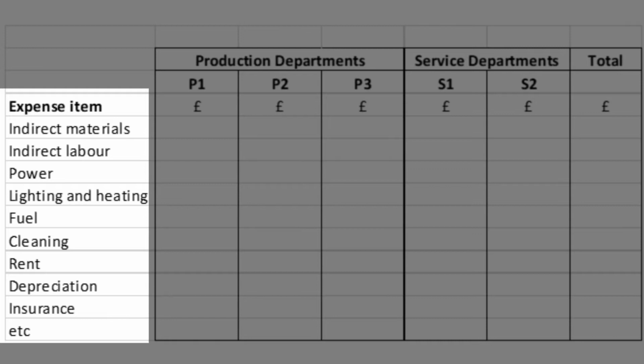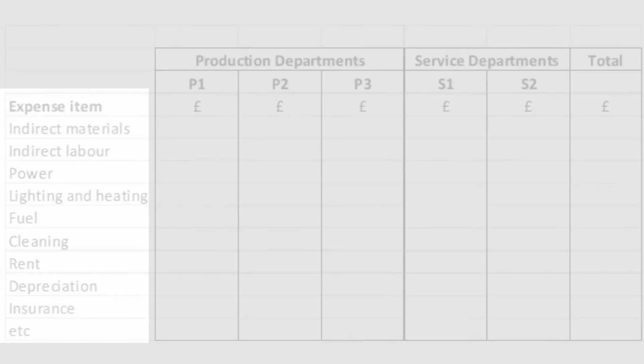Indirect materials, for example, could include things like cleaning materials, glues and adhesives, PPE and so on. Indirect wages would include wages to cleaners and supervisors and so on. They are part of the business's labour cost, but they don't actually work on the product. They are indirect. So this worksheet does not include any direct materials, labour or expenses, only overheads.